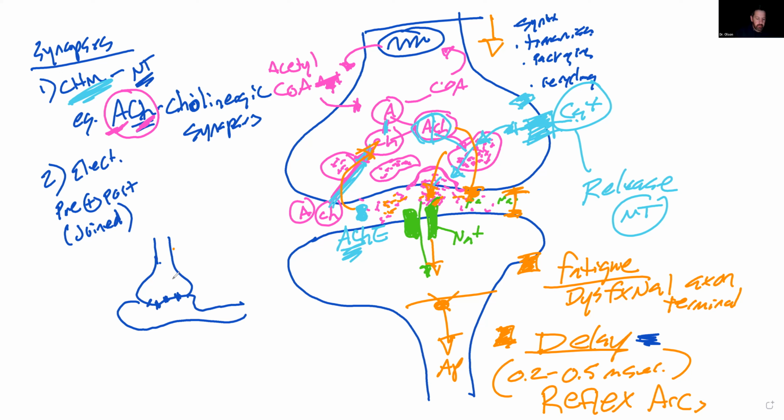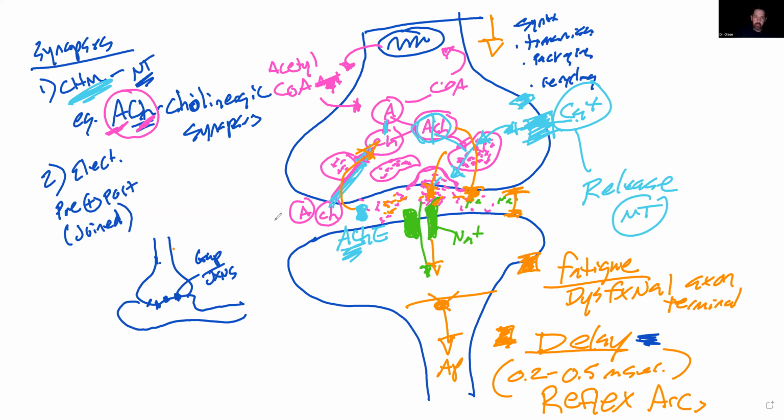Okay, so if we have a synapse that is directly coupled, where the pre and post synapses are touching each other, they're joined, and in this case we have gap junctions here for communication.